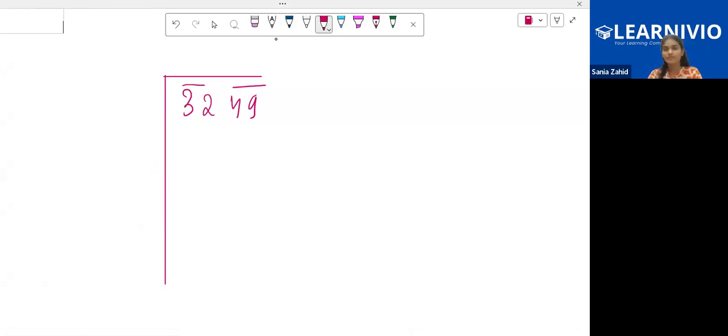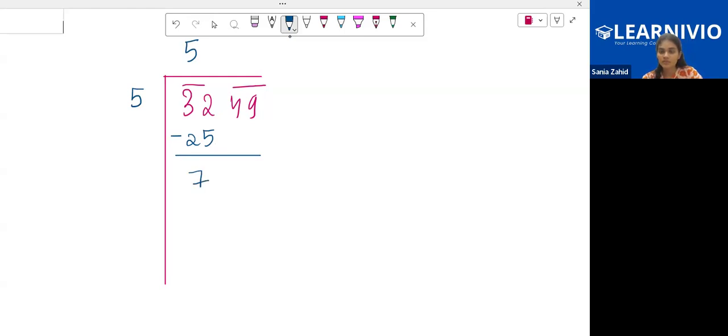So below 32, 25 is a perfect square. Okay, very good. So you will write 5. Then you will subtract 25. Then 2 becomes 12 and 3 becomes 2. Then we get 7.